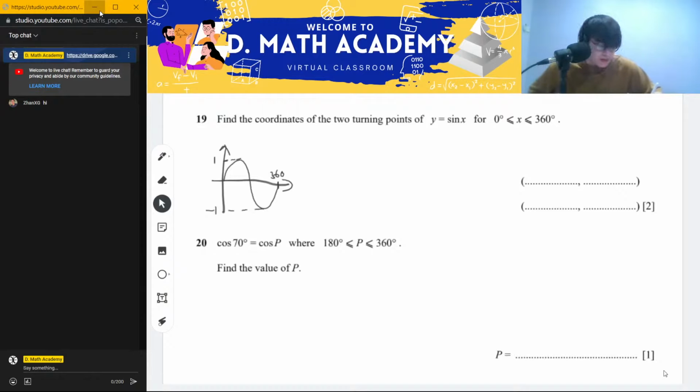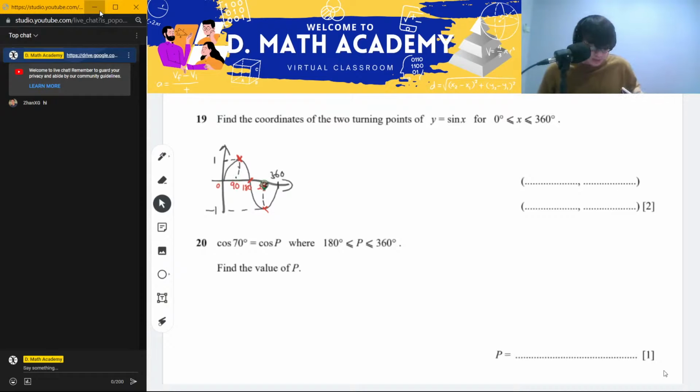With this, they want you to label down the points about the turning points. This here is your first turning point, and this here is your second turning point. To trace their exact coordinate values, you need to know that half of 360 is 180, and half of 0 to 180 is 90 here, and then this is 270.